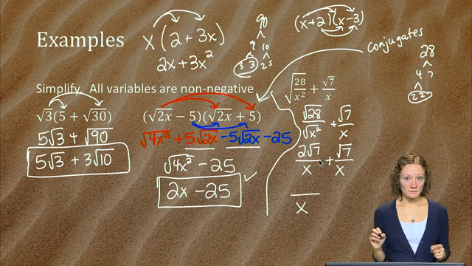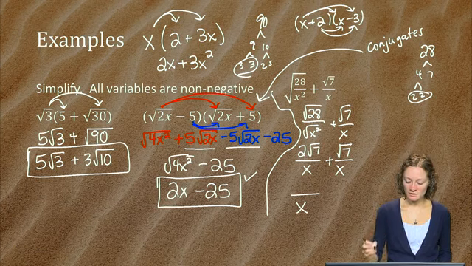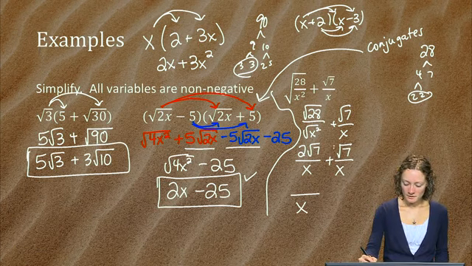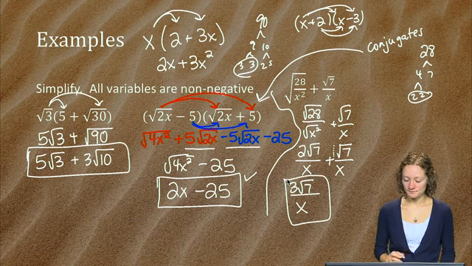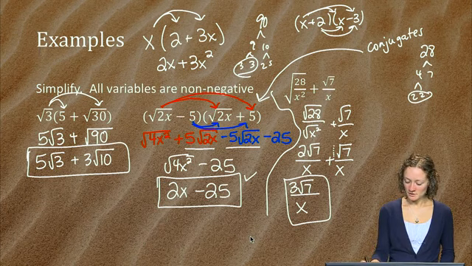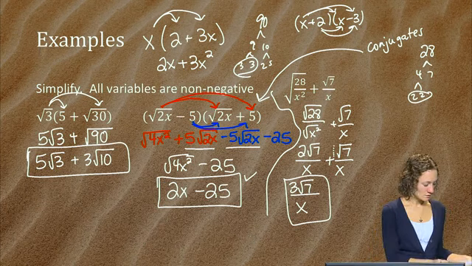They're both square roots, and they both have 7 on the inside, so you can combine them together. Remember, the coefficient on this square root of 7 would be a 1, so when they combine, we'd have 3 square root of 7 all over x as our final answer.